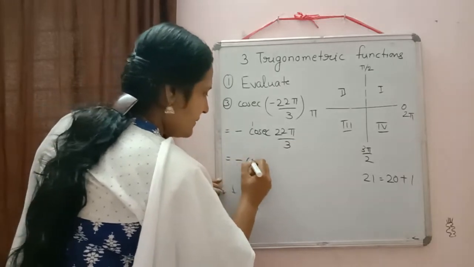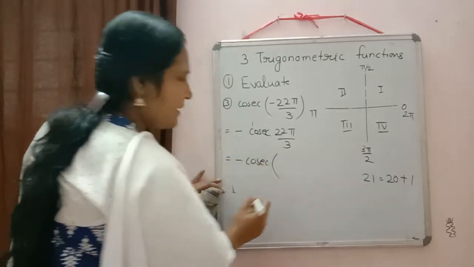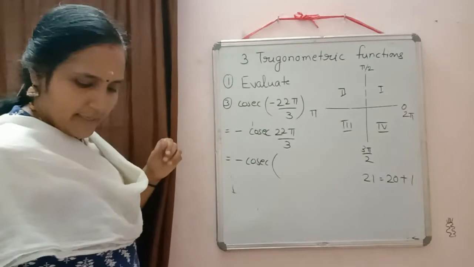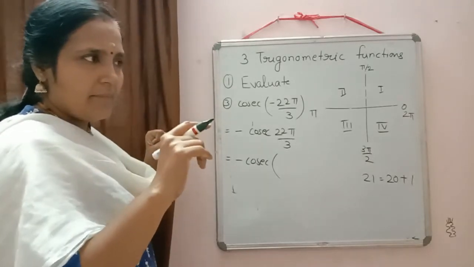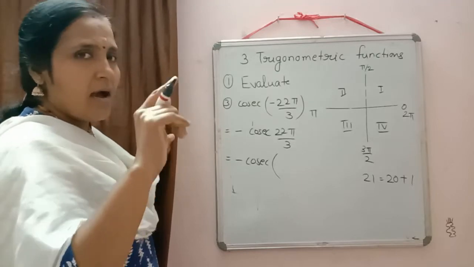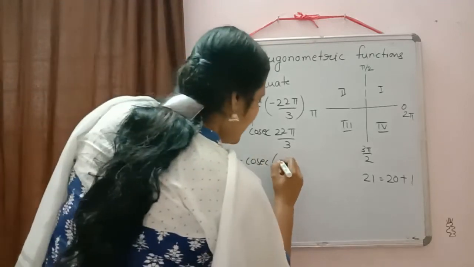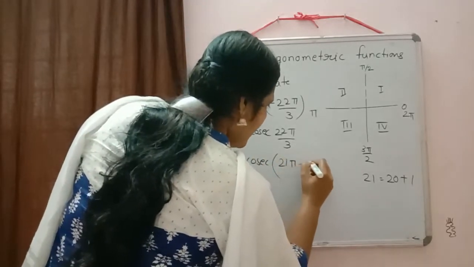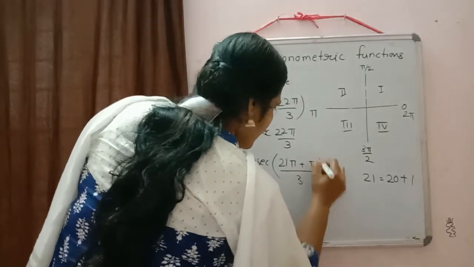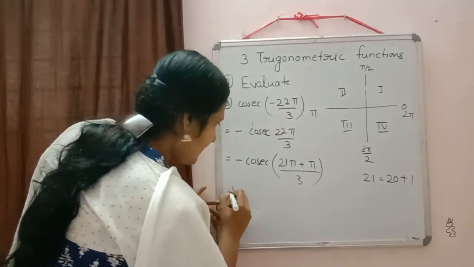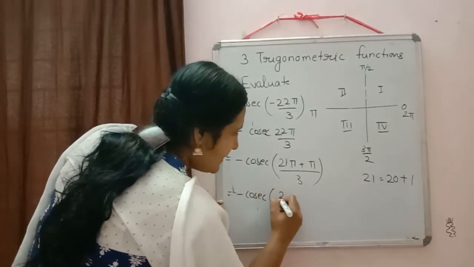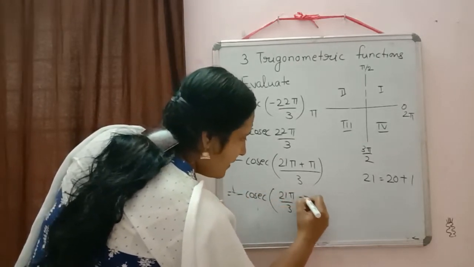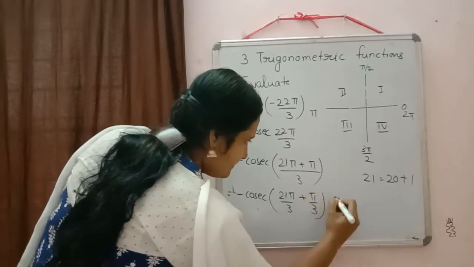Now again in the multiplication table of 3, the number which is nearest to 22 is 21. Correct? So 22 can be written as 21 plus 1. So we will rewrite here 21 pi plus pi, whole divided by 3. Now write it separately, then it will be equal to minus cosec of 21 pi by 3 plus pi by 3.